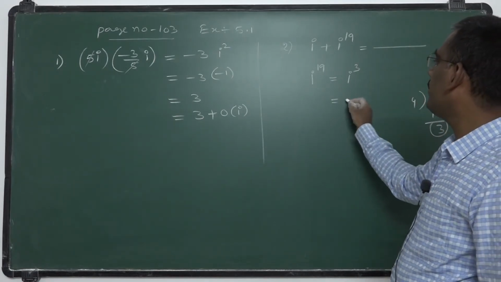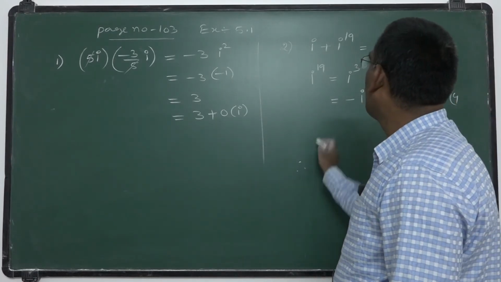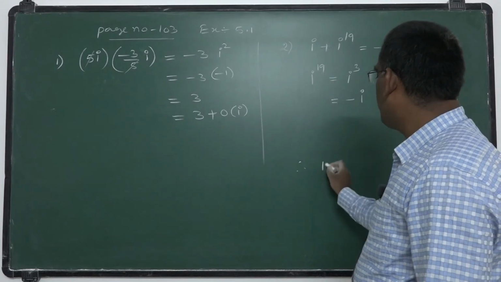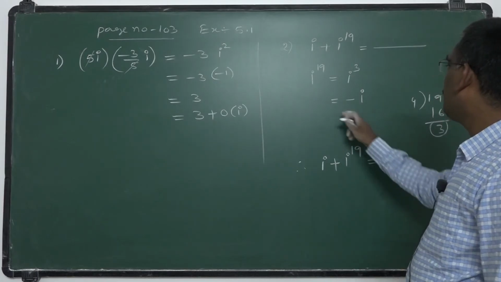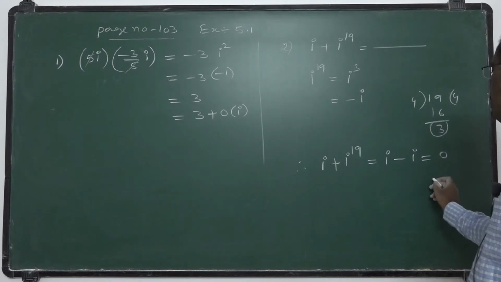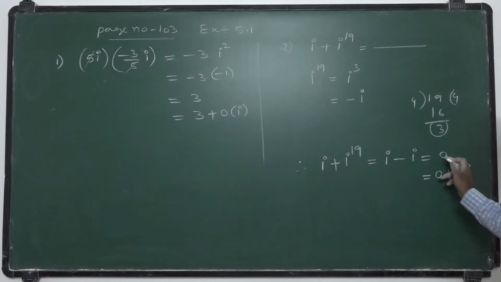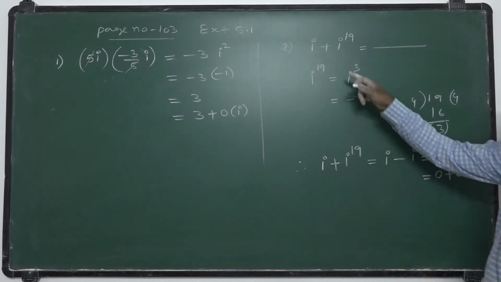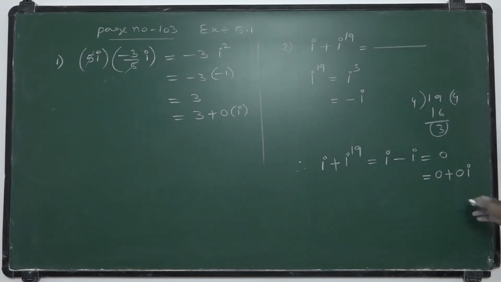So i power 3 is nothing but minus i. Now take the given expression i plus i power 19, substitute the i power 19 value: i minus i is equal to 0. So 0 can be represented in the form 0 plus 0 into i. So i plus i power 19 is equal to 0, which can be expressed in the form a plus ib as 0 plus 0i.